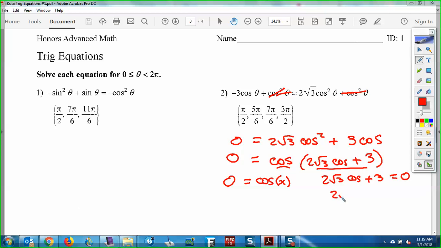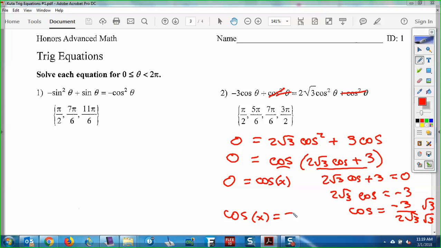So this would be 2 root 3 cosine equals negative 3. Divide by 2 root 3, I get negative 3 over 2 root 3. What can I do there? I can multiply root 3 times root 3. And that gives me cosine x equals, what would this be? Negative root, oh yeah, there's going to be a 3 down here, which cancels that 3. So I get negative root 3 over 2. It didn't look very good for a while, but at the end it ends up being nice.